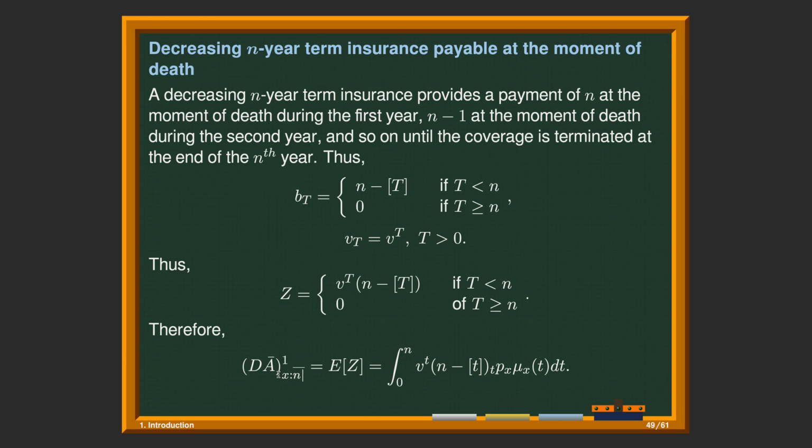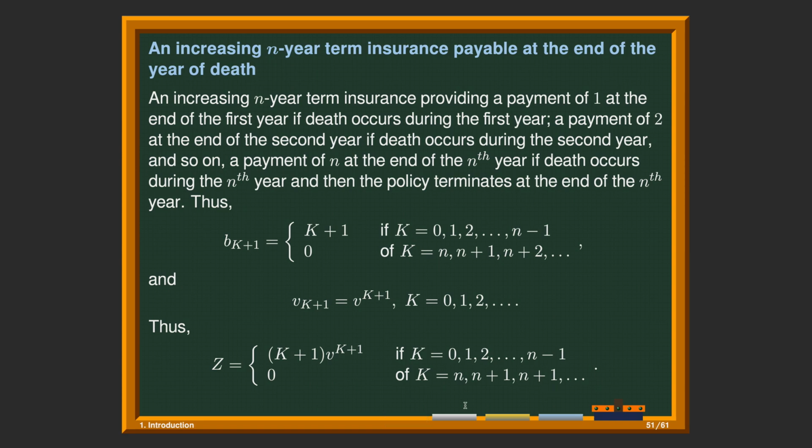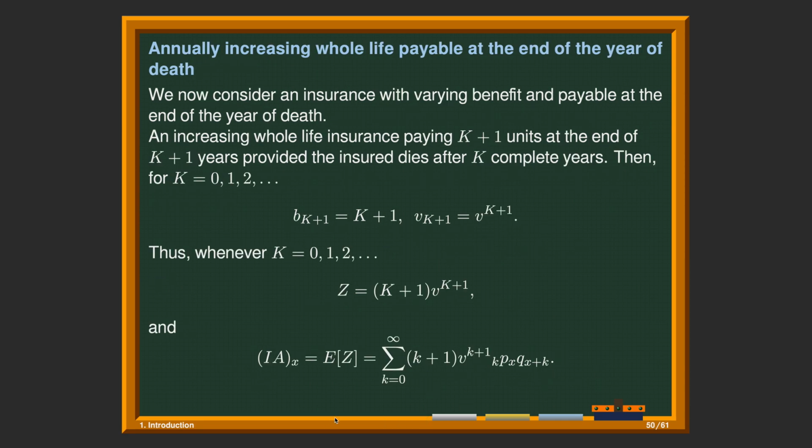So it's an n-year term, so that's why you have this subscript n and a 1 on top of x. And then you have a capital D to denote that it's decreasing, and the bar on top of A to denote that it is payable at the moment of death. Okay? And then let's now consider the case when we have the benefit paid at the end of the year of death.